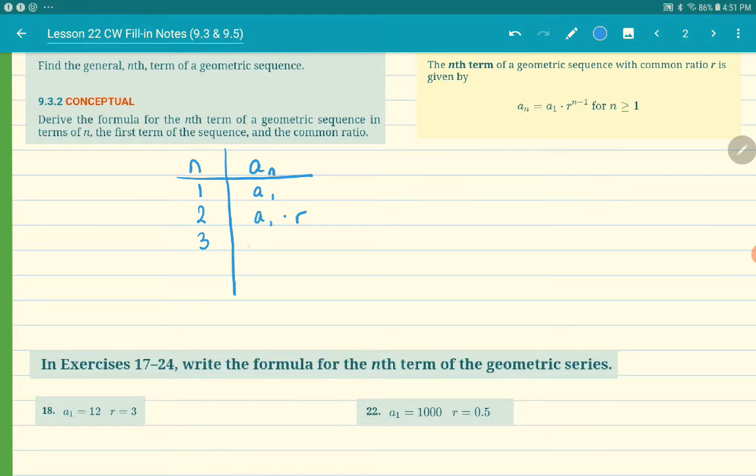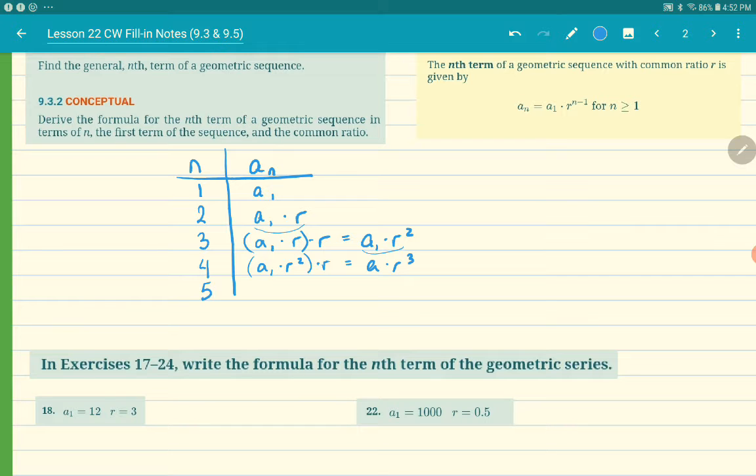And then my third term, I take whatever is here and multiply by another common ratio, which is really a1 times r squared. And then to get the fourth term, I take a1 times r squared and multiply that by another common ratio. So now I have r cubed.